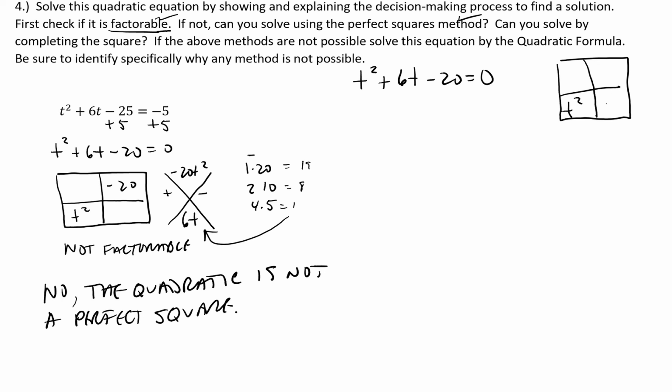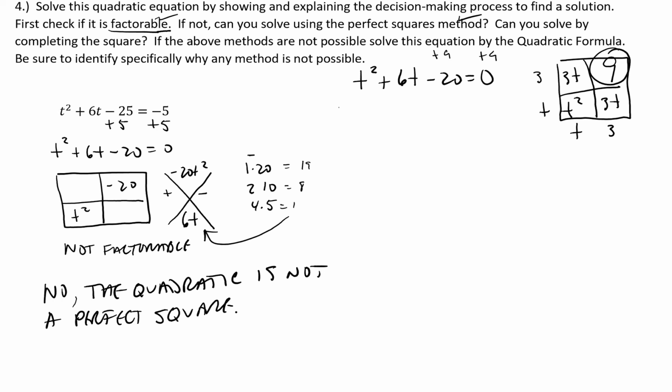I've got t squared, 3t, and 3t. So then I know this is t plus 3, and this is t plus 3, and so this has to be 9 here. So in order to do that, I have to add 9 to both sides.